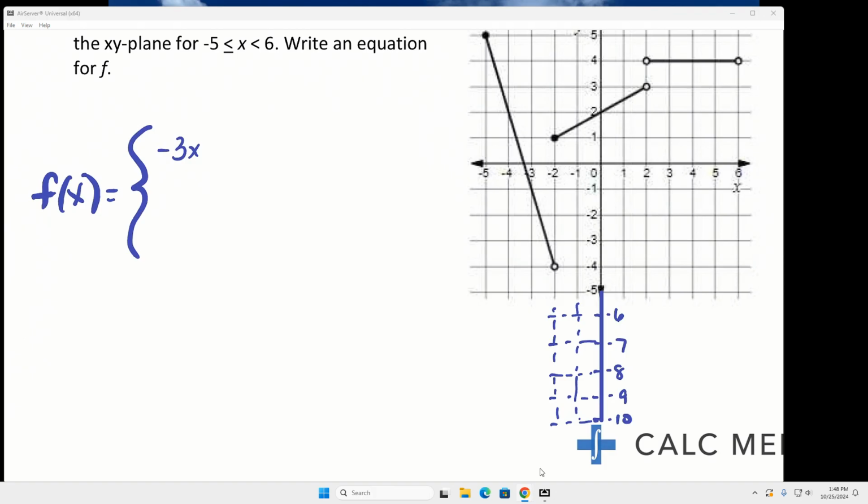We're going to try and figure out where it would cross the y-axis. If I go from here, down 3, right 1, down 3, right 1, looks like it's going to cross at -10.